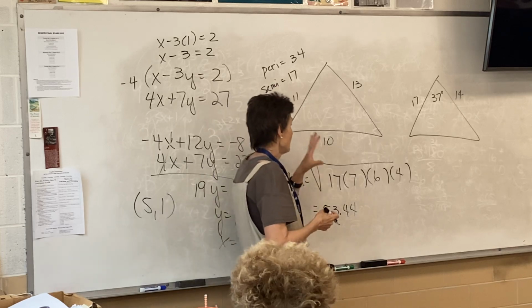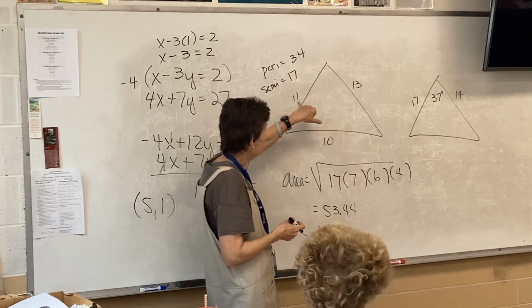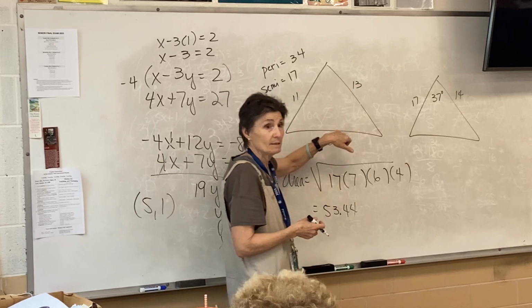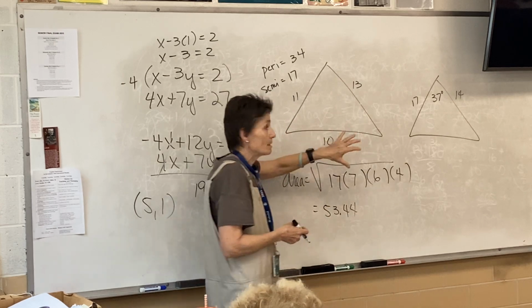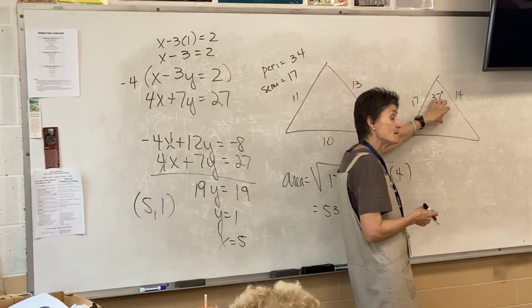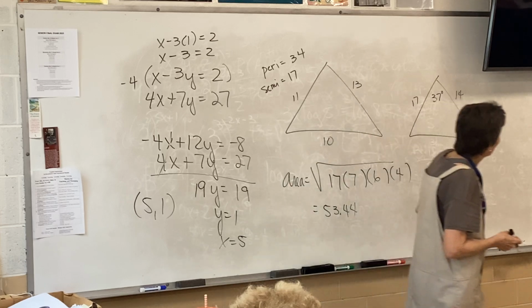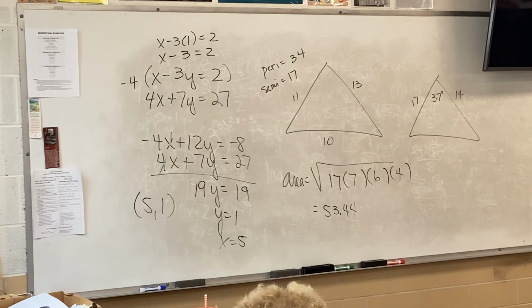Now, that's how we're going to find the area if we know all 3 sides. We don't know that over here, so we have another strategy. Look on our reference sheet. What's it say right up there? See that one with the square root and the S?